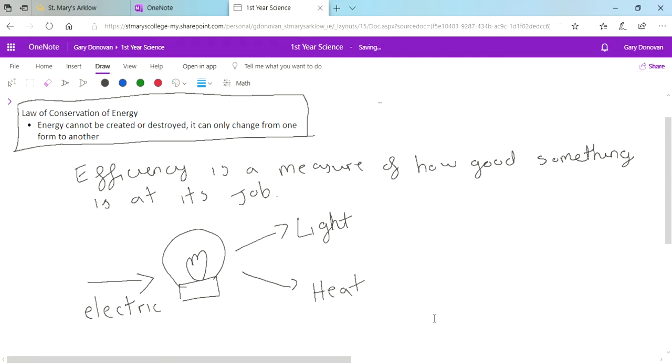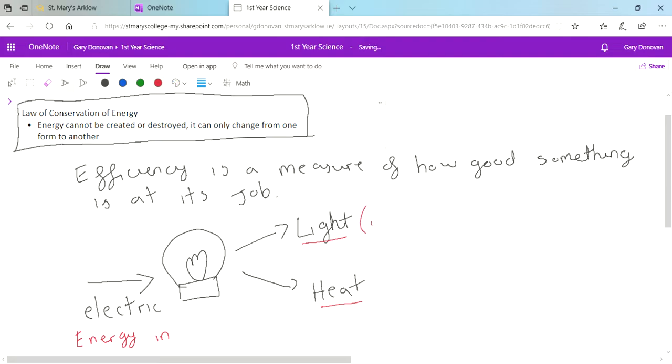Now first of all, let's just look at the different types of energy here. If we wanted to label electric, we could say that's the energy in. That's the energy that goes into the light bulb. And light and heat are the energies that come out. But there's a big difference between light and heat, in that a light bulb's job is to give us light.